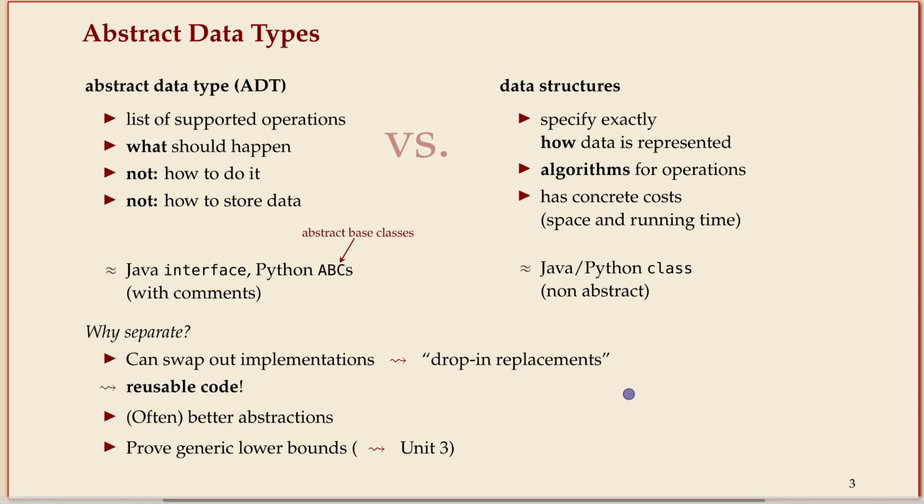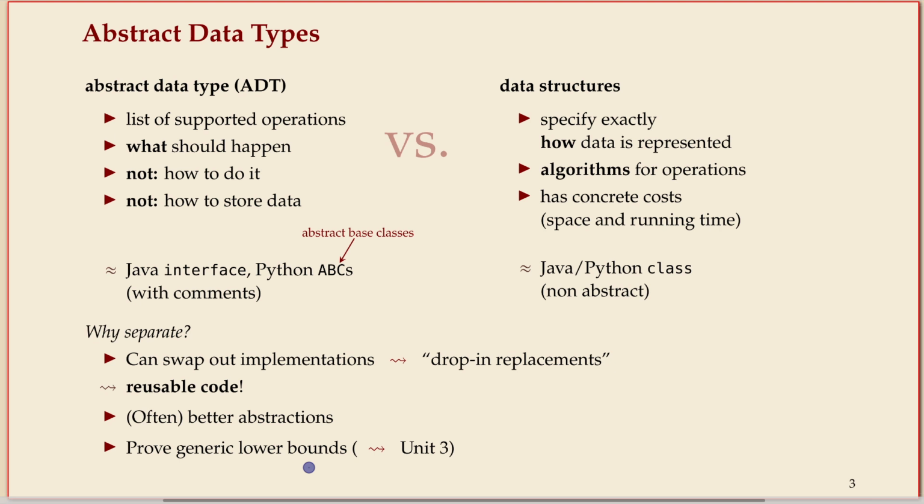I already talked about why it's useful to have abstract data types, so you can swap out the implementations. There's another one that I haven't touched on, which is a little less direct. But if you keep things generic and you prove a general result about the generic thing, it's more applicable. It holds for everything. So sometimes you can prove a lower bound, which is an impossibility result.